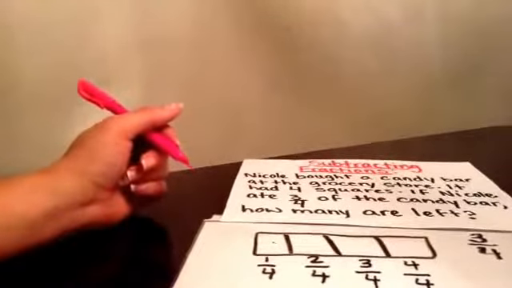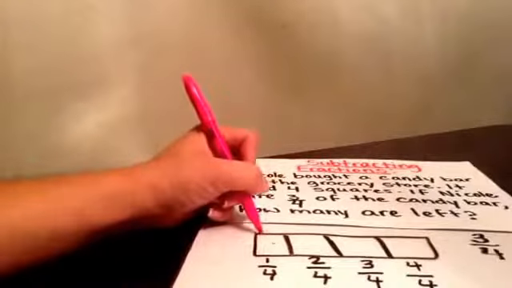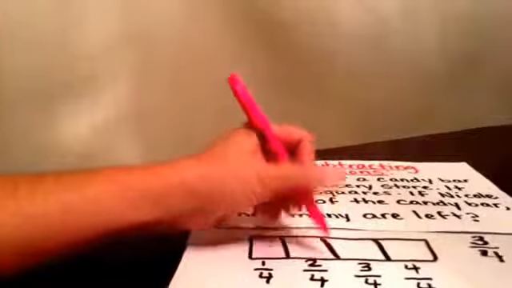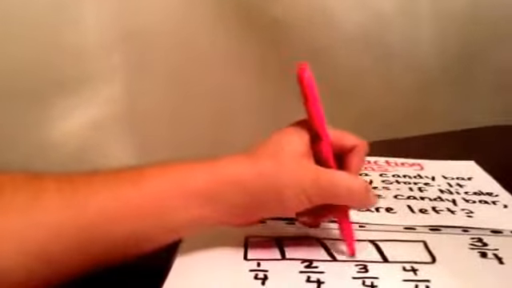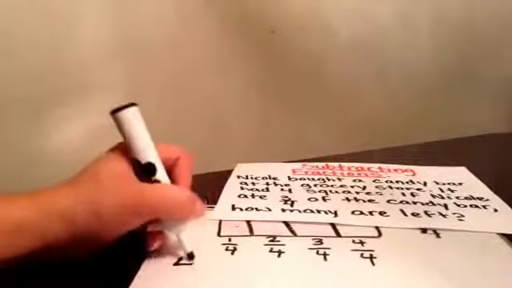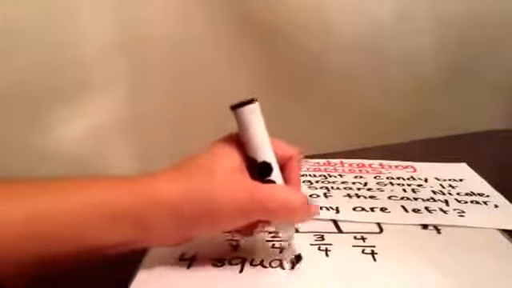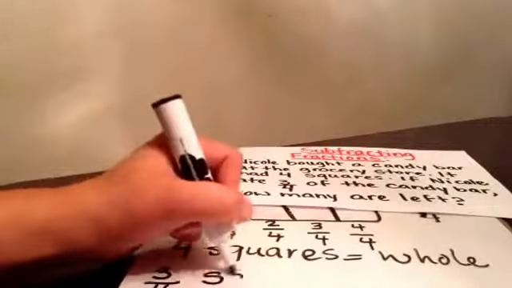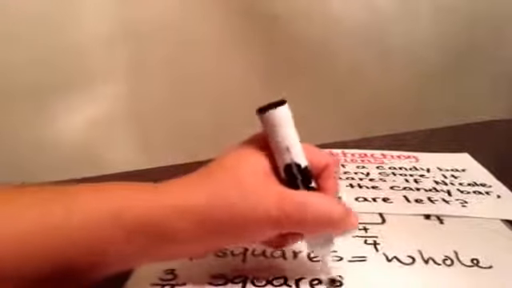So I'm gonna shade the 3 out of 4 that she ate. So 1, 2, 3. So 4 squares equals the whole, and 3/4 squares equals part of the whole.